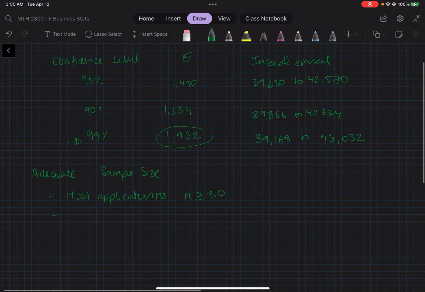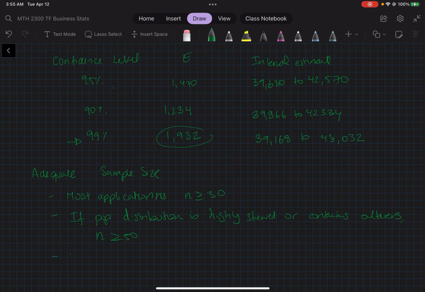We also say that if the population distribution is highly skewed or contains outliers, then n needs to be greater than or equal to 50.